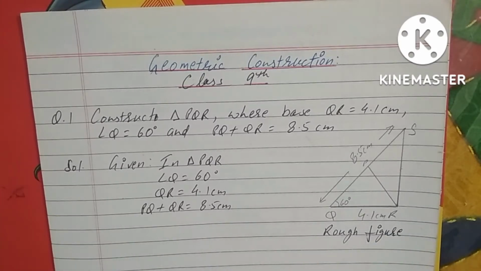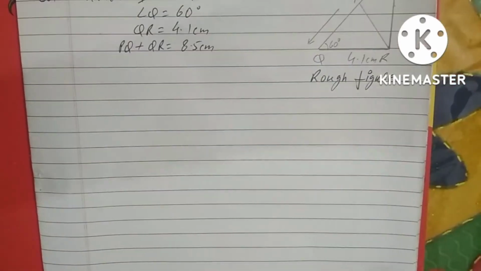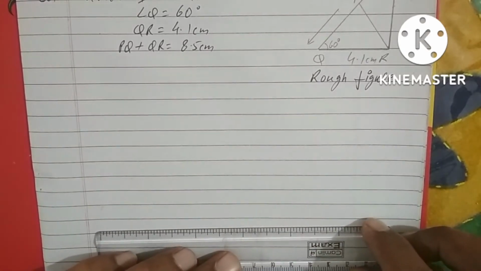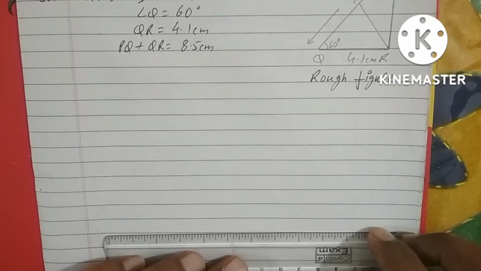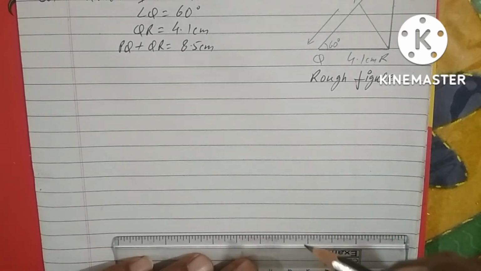Now, to construct the figure, first thing we are going to do is understand what is to be done first. So definitely we need to construct our base first. So start with the base. So children, we need to make our base, that is 4.1.